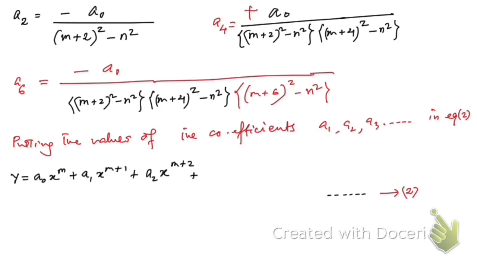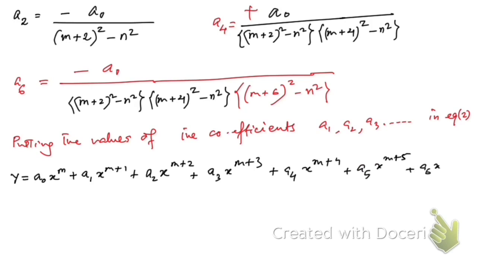The next term will be a3 x to the power m plus 3, then a4 x to the power m plus 4, then a5 x to the power m plus 5, then a6 x to the power m plus 6, plus and so on, then ar x to the power m plus r, right? That's what we're going to have. This is the series, right?